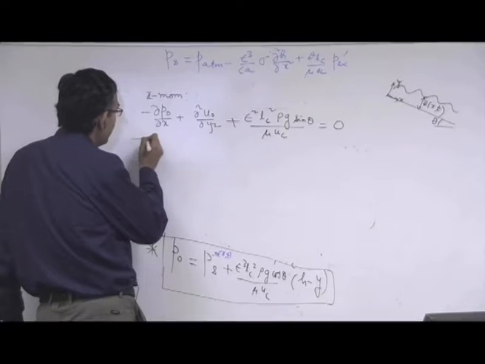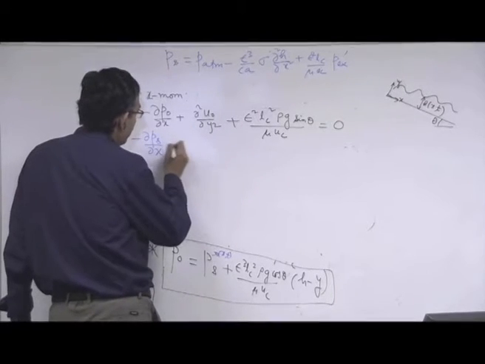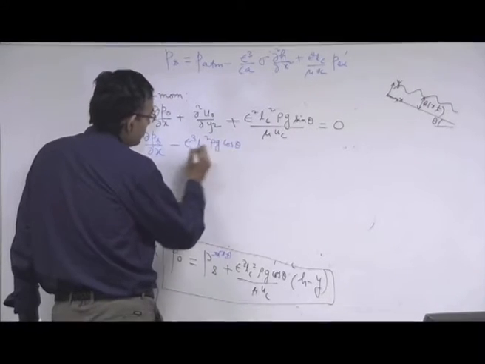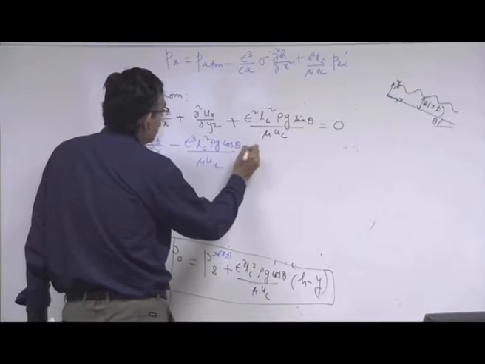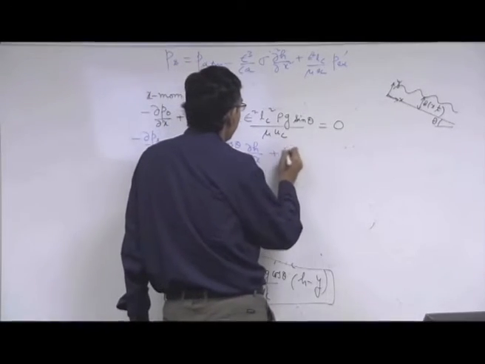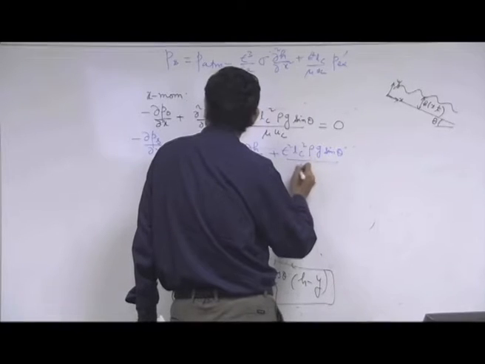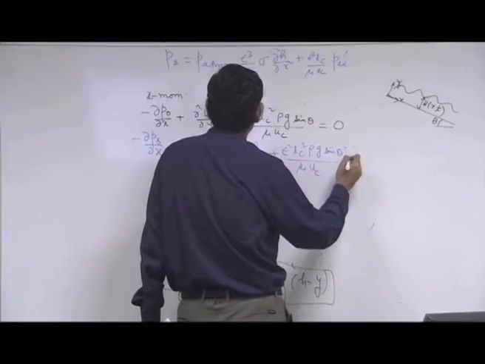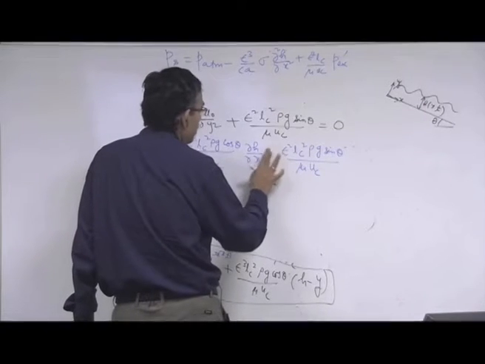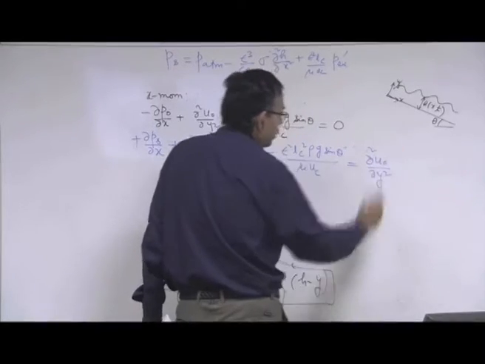So this is equal to minus del Ps del x minus epsilon cube Lc square rho g cos theta by mu Uc del h del x plus epsilon square Lc square rho g sin theta by mu Uc. So what we will do, we will alter this sign and write it as del square u0 del y square.